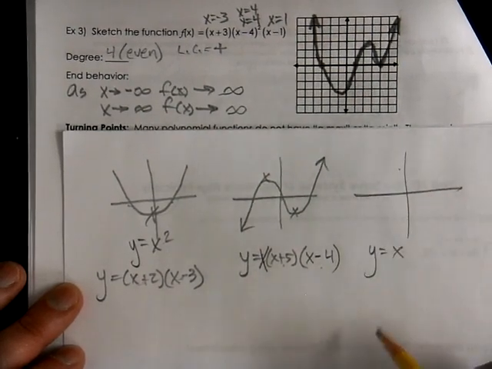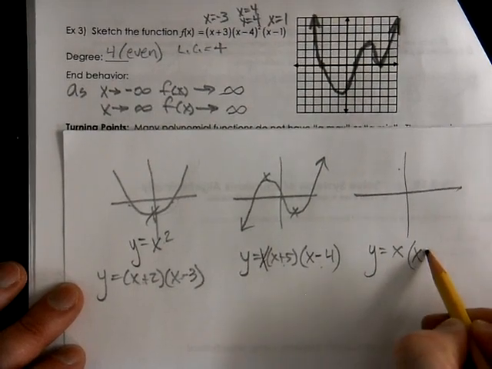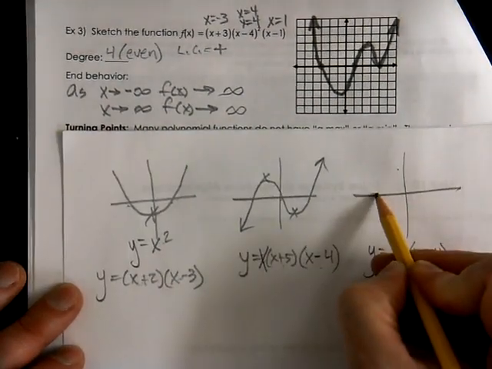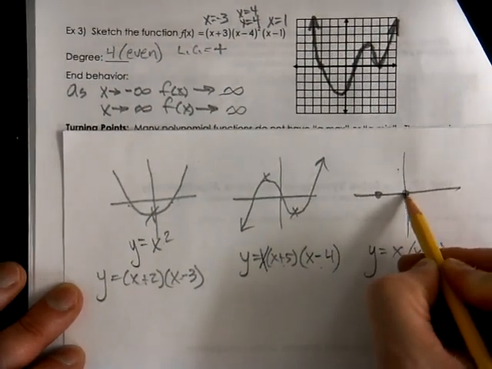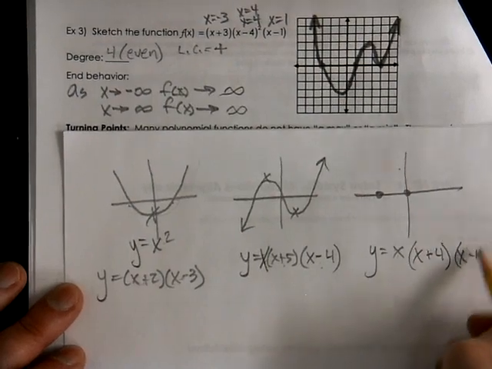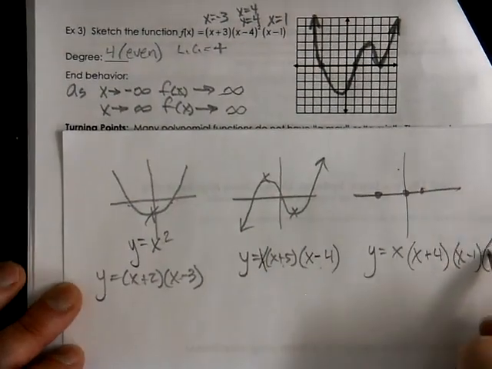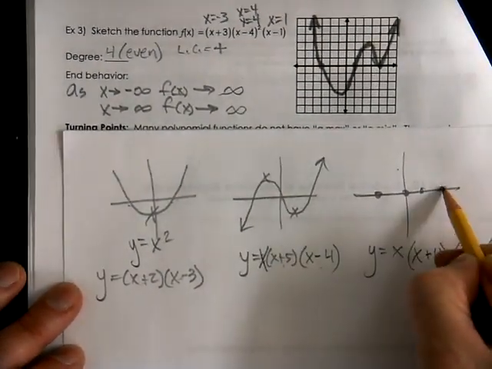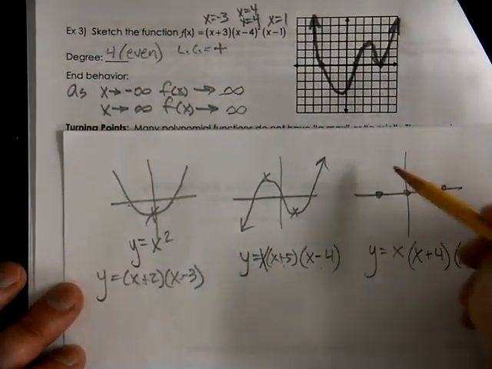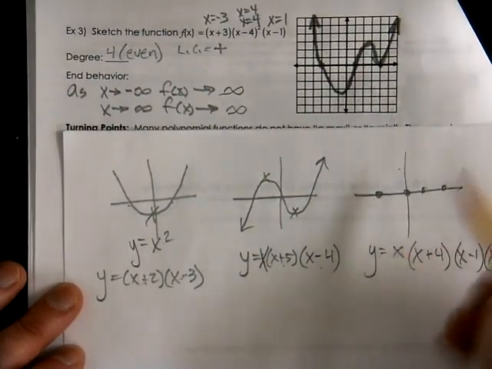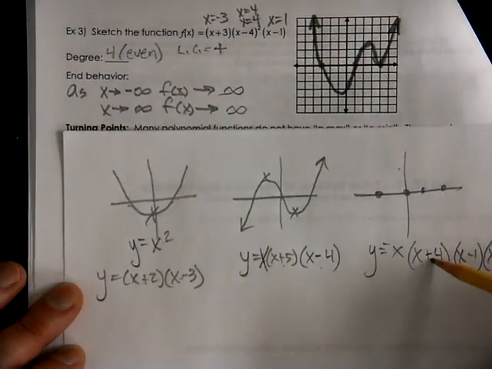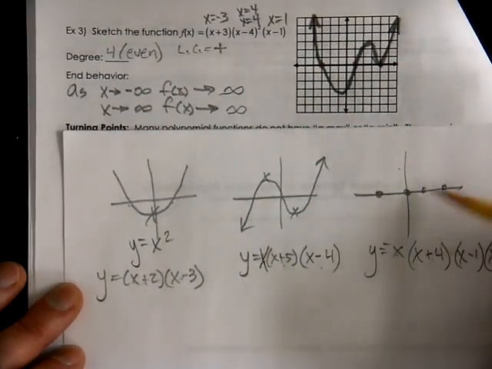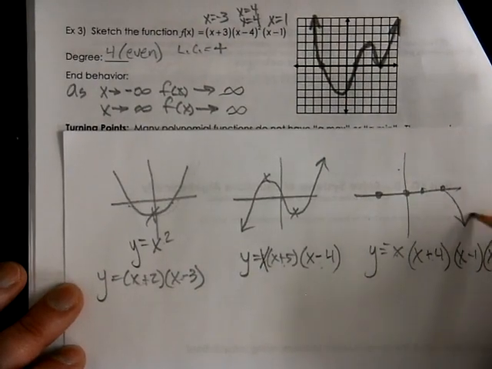Let's use x again, because that's a good lesson. x plus 4, that's going to cross out here. x means they're going to cross at 0. x minus 1, x minus 3. If I had a negative in front, doesn't matter. 1, 2, 3, 4. 4 of those, you know it's going to be going down because of the negative.